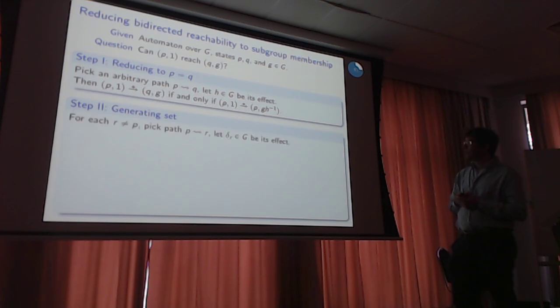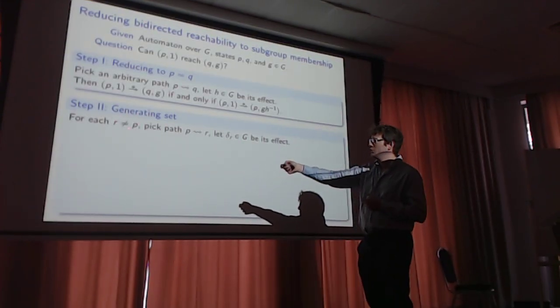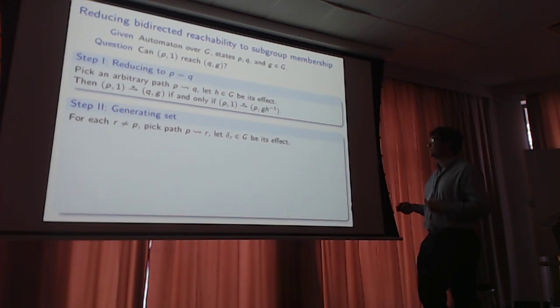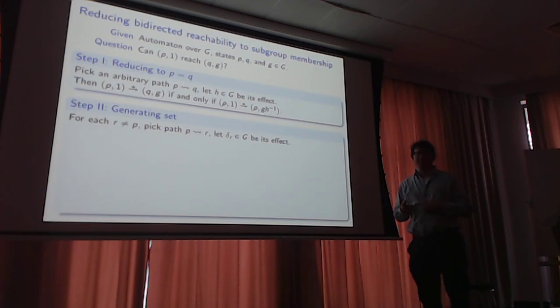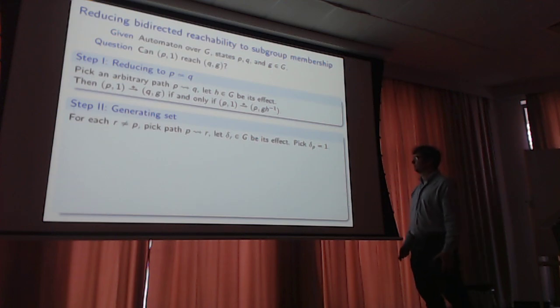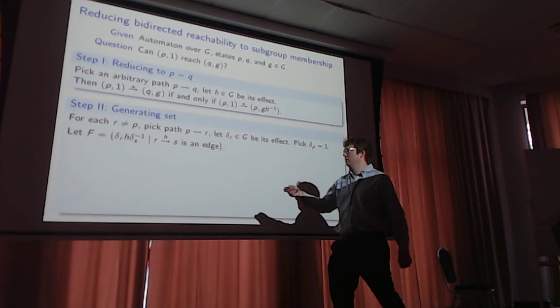And the second step is the following. Now for every state that's not the initial state, you pick some path from P to R, and let delta R be its effect. So just the element that's spelled on its path. You do the same for P itself, and then you choose the identity element. Now you picked all these group elements, and now you construct a generating set.